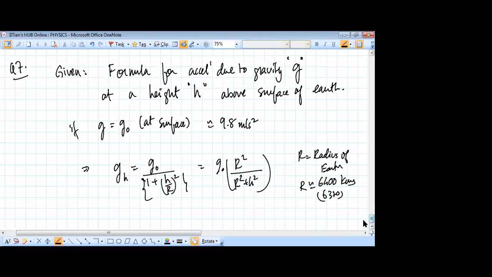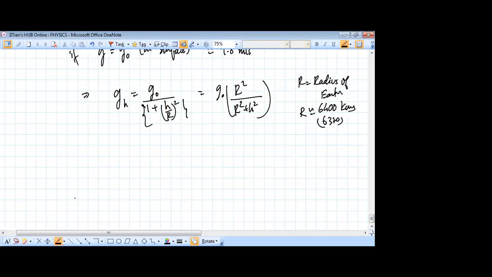Okay, so forget about the pounds part. You don't have to worry about the pounds part so much. I'll tell you about pounds, but on the surface of the Earth, the weight of a person is nothing but mg. So it will be 80 kg into 9.8 meters per second square.